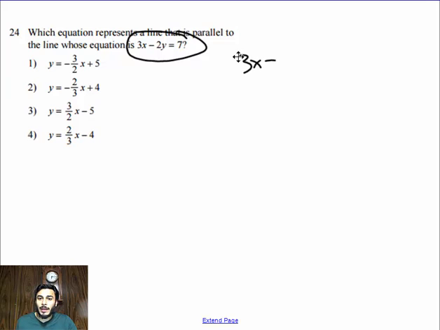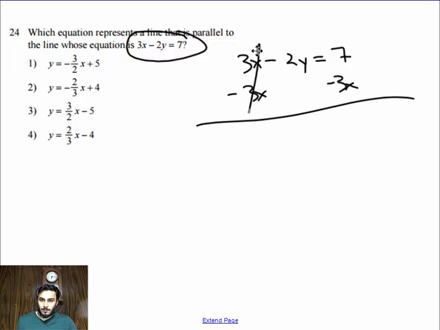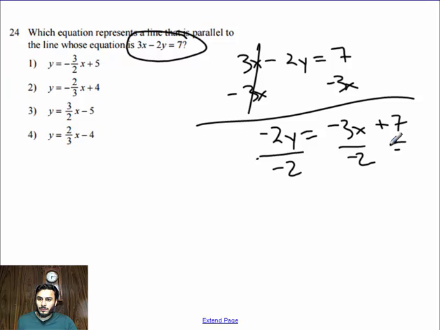So we got 3x minus 2y equals 7. We're going to subtract 3x from both sides. We will get -2y equals -3x plus 7. We'll divide everything by -2. We get y equals positive 3 over 2, x minus 7 over 2.